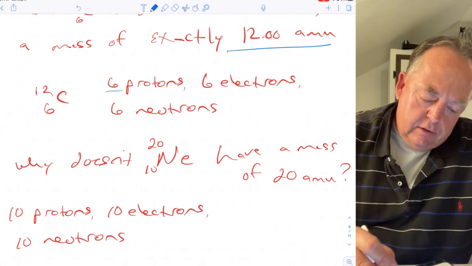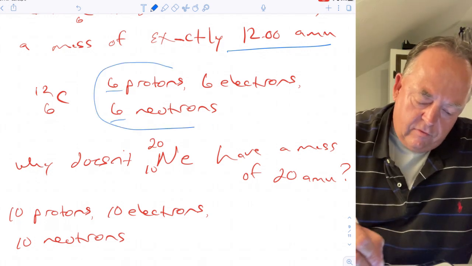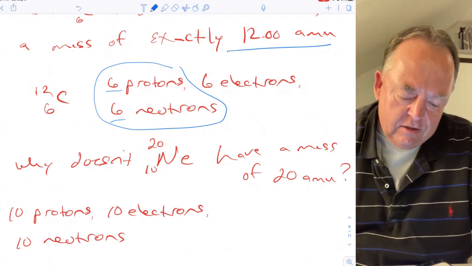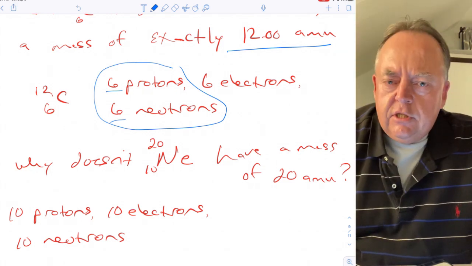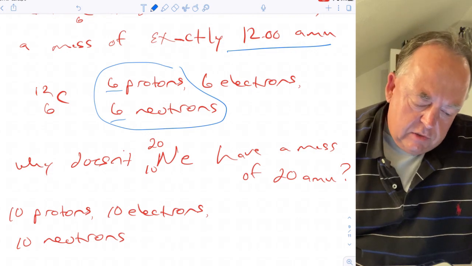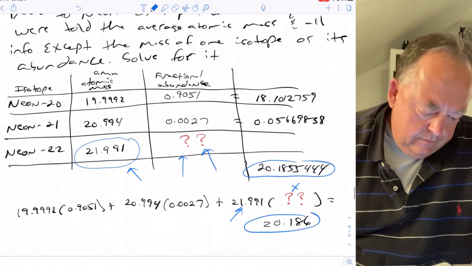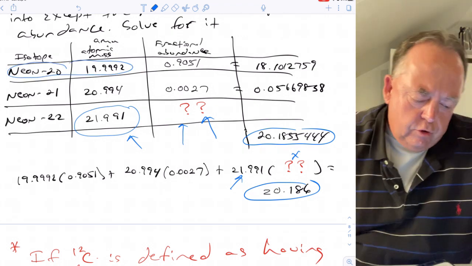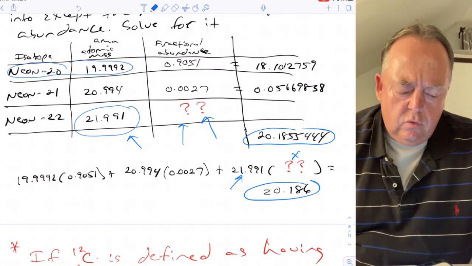Most of the mass of the atom is coming from protons and neutrons, right? Because they're about 2,000 times as massive as electrons. So electrons don't contribute much to the mass of an atom. So if 6 protons and 6 neutrons is 12, then neon-20 with 10 protons and 10 neutrons, why isn't it 20?